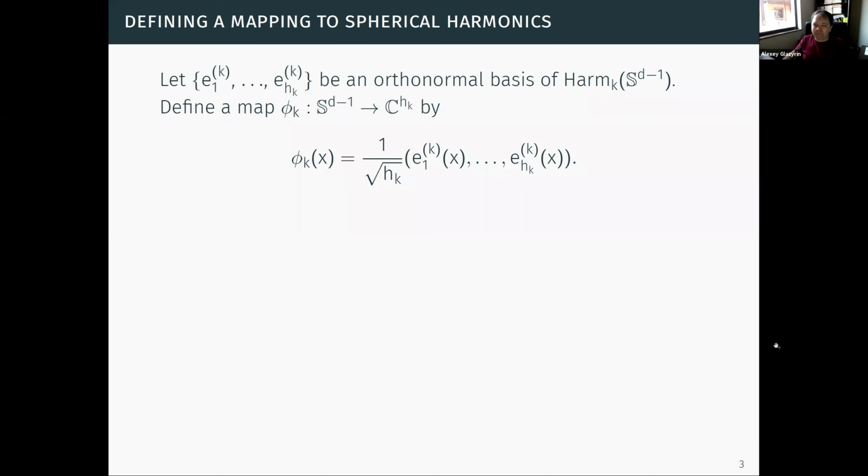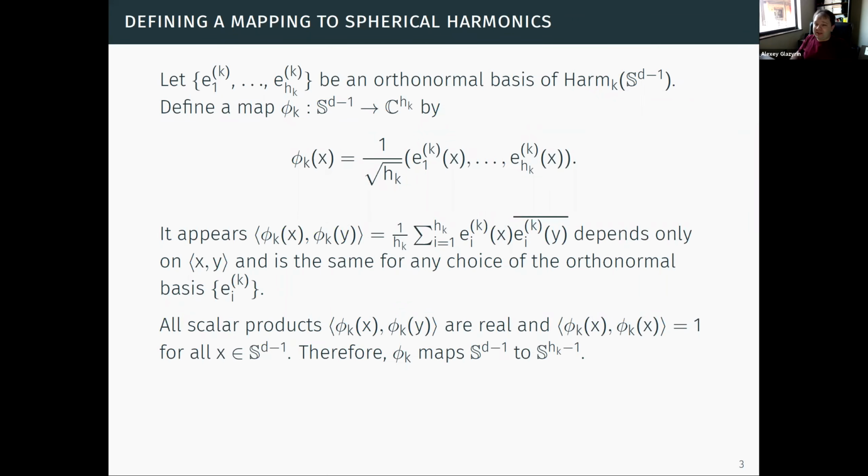The main property is that the scalar product of images under this map actually depends only on the scalar product of the arguments. So the scalar product does not depend on the choice of the orthonormal basis and does not depend on what particular points you choose. It just depends on the distance between these 2 points. I'm sort of sweeping it under the rug. I don't want to prove it, but there are several ways to do that.